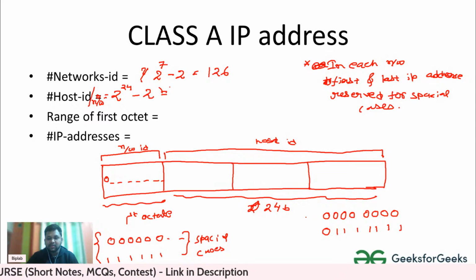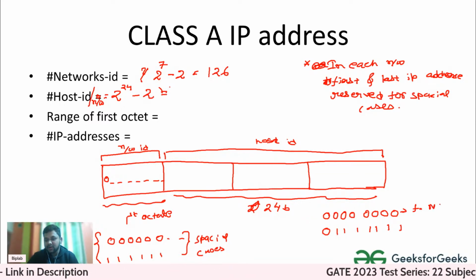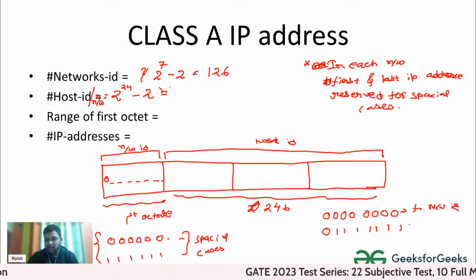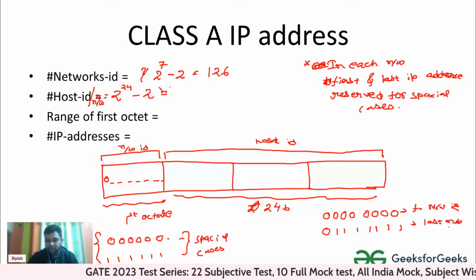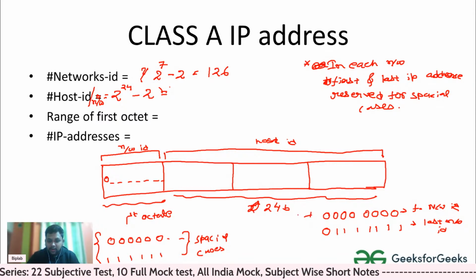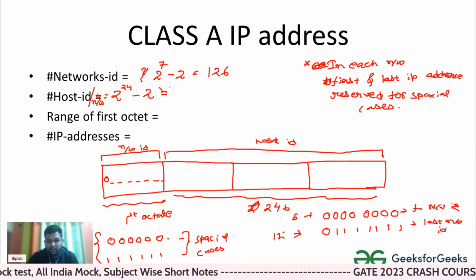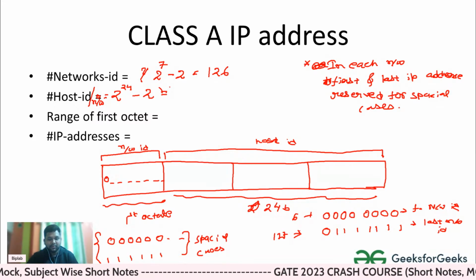That is the first network ID, and this is your last network ID. It is representing 0 and it is representing 127.